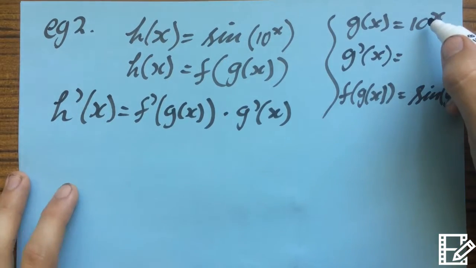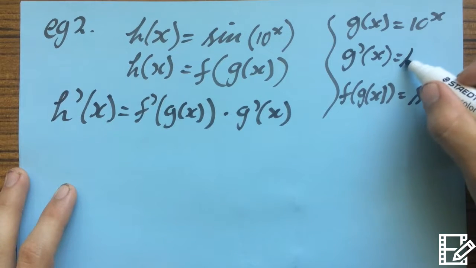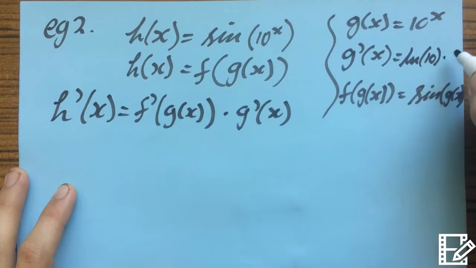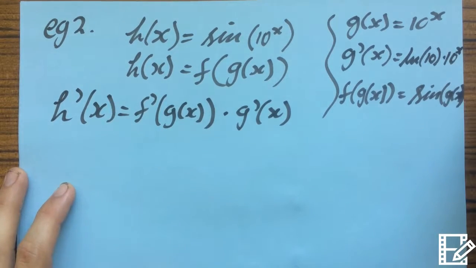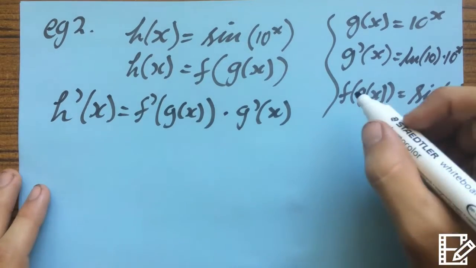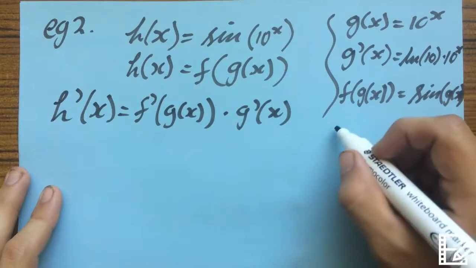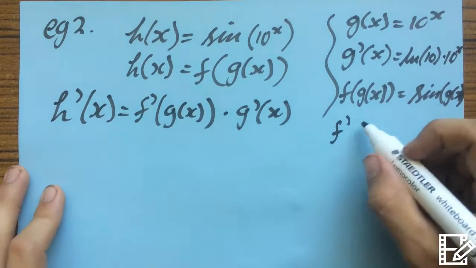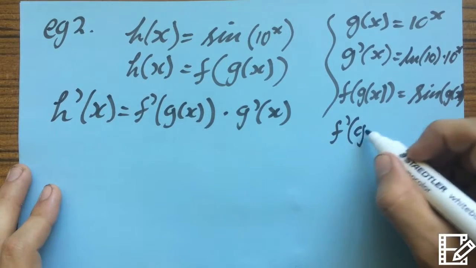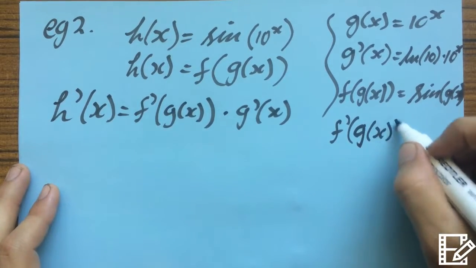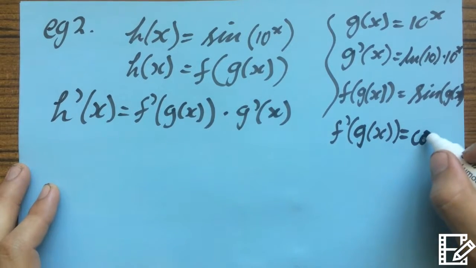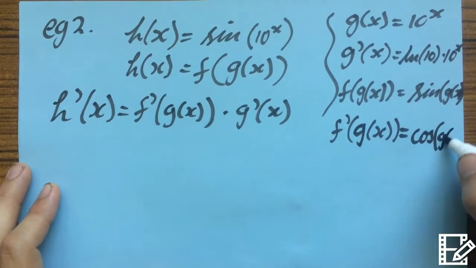We know the derivative of 10 to the power of x is ln 10 times 10 to the power of x. And hopefully if you're watching this far into the playlist, you should know that when we're deriving sine x, you just get cos x. Or in this case, cos with respect to g(x).